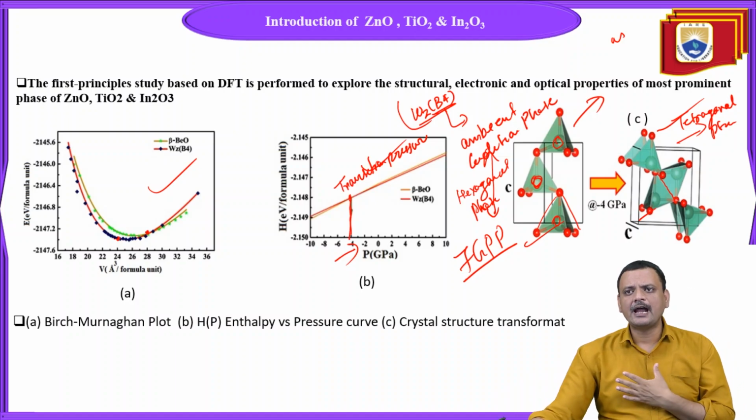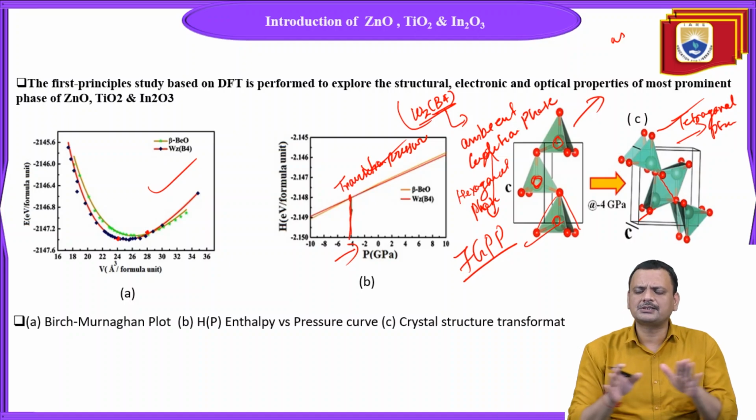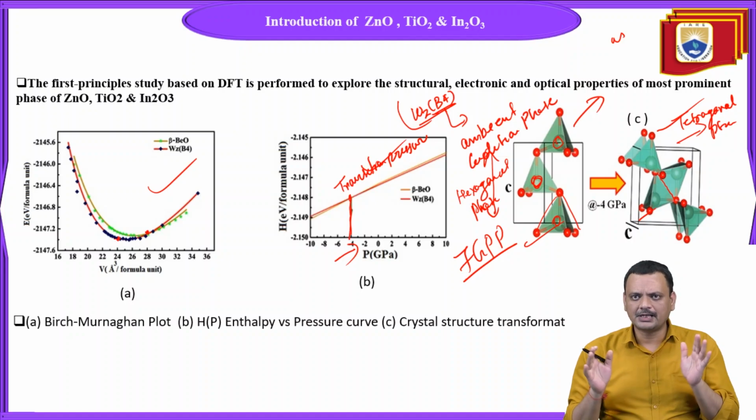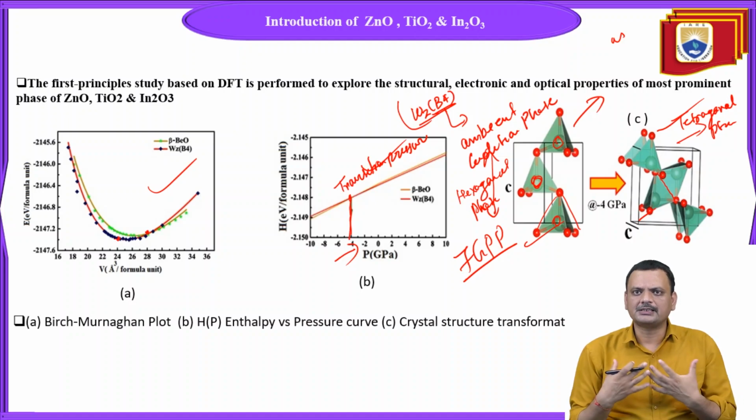It predicts that the wurtzite B4 phase is still the stable symmetry for zinc oxide, because whatever has the lowest energy is considered stable in material science, physics, or any science. If you want stability, you have to lose your energy.